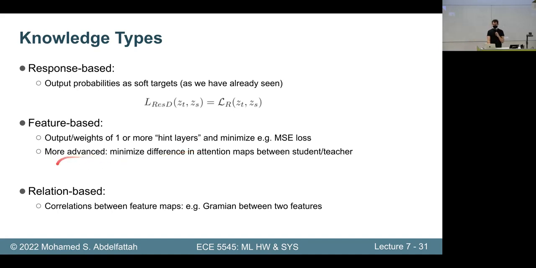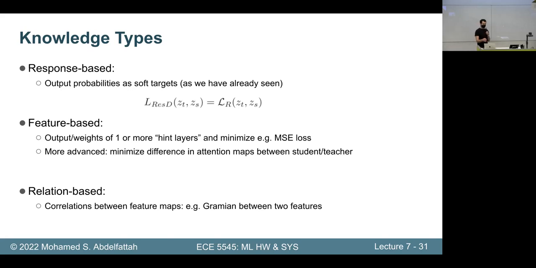More advanced versions of this: you don't even just take the raw values of the weights in the teacher network and minimize the distance to the weights in the student network. You take an attention map of the weights in the teacher network and minimize the distance to an attention map in the student network. And you do that throughout the network to make it look more like the teacher network.